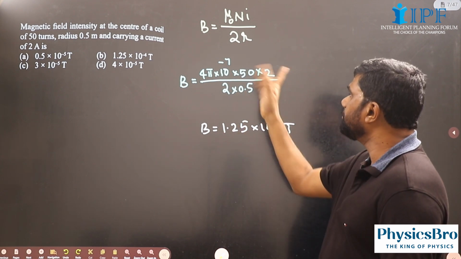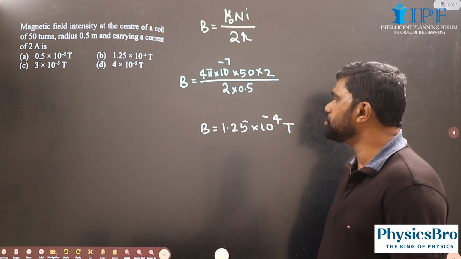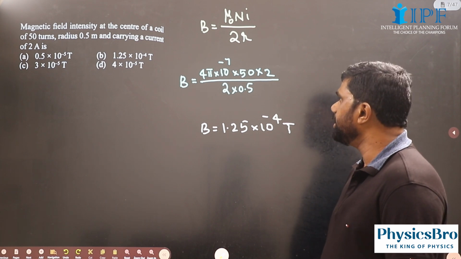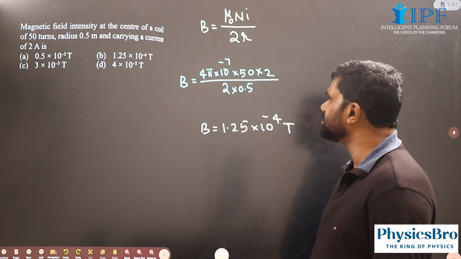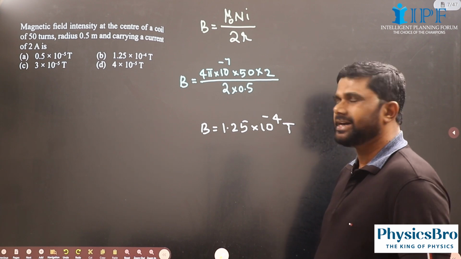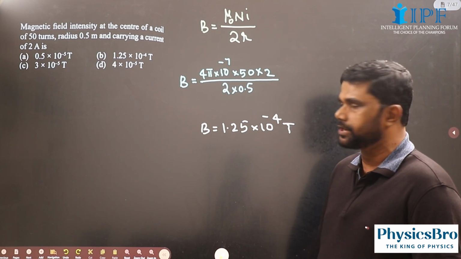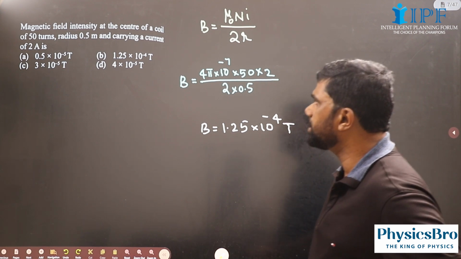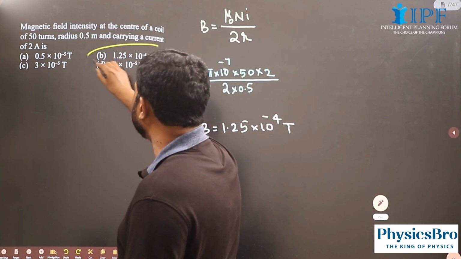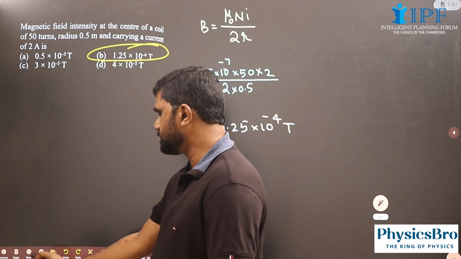Numerator 50 into 2, that is 100 into 10 raised to minus 7, that will be 10 raised to minus 5. Then 4 pi, that will be 12.5 into 10 raised to minus 5, or 1.25 into 10 raised to minus 4, right?